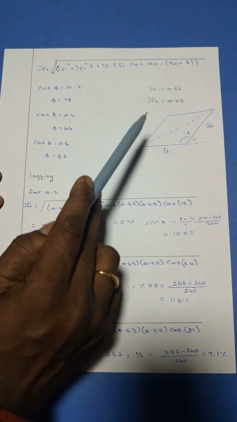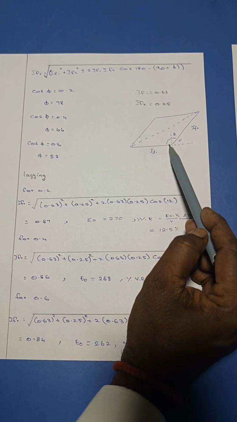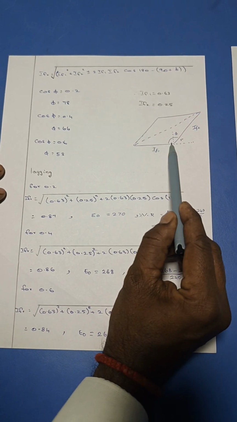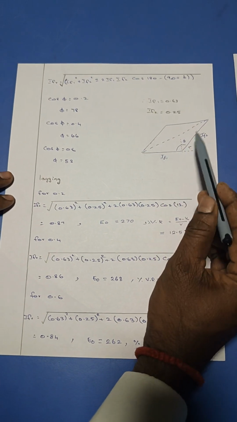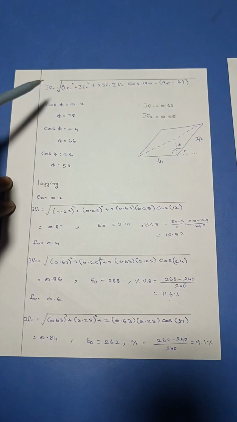As we know, similar to the parallelogram of forces, IF1 reflects in one axis and IF2 here. By making the resultant, it's similar to the parallelogram of forces. That's why we can apply the parallelogram law.